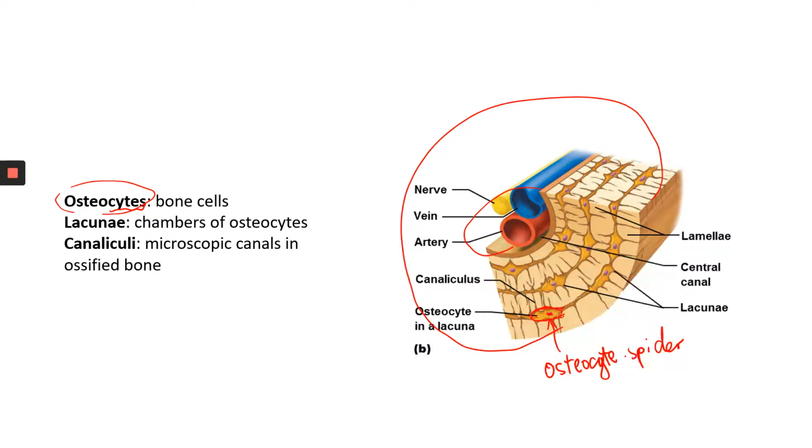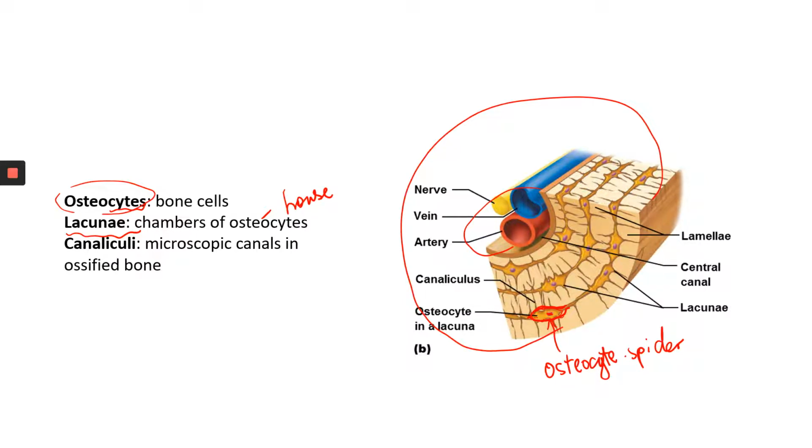The osteocytes actually live in chambers called lacunae. So this is one osteon, and there's a little chamber, a little space there, that's called a lacuna. Lacuna is singular. Basically, they are the little houses that osteocytes live in.